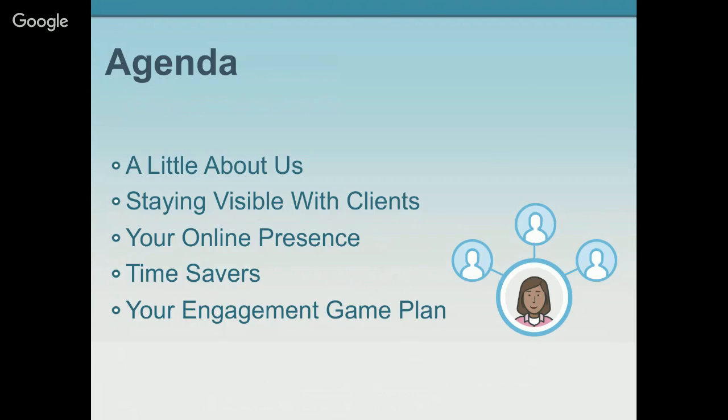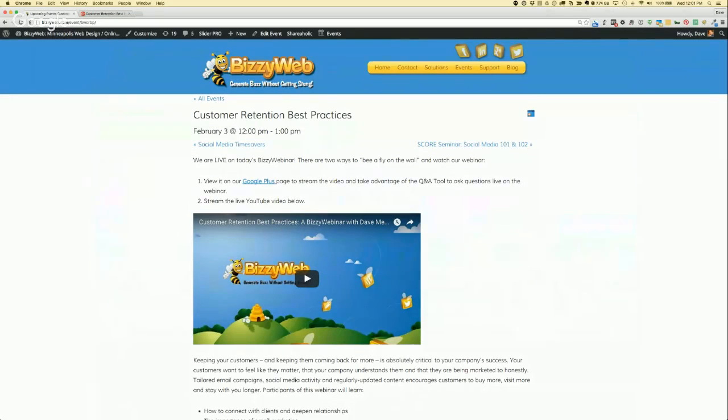So let me switch over just a moment to Chrome so that we can share details about how to ask questions during our event today. On this event, you'll note from the email that you received that there's a couple of things live on the page. You may already be watching the video live from the embedded video. If, however, you'd like to ask questions, simply click on the highlighted Google Plus link on the page under number 1.